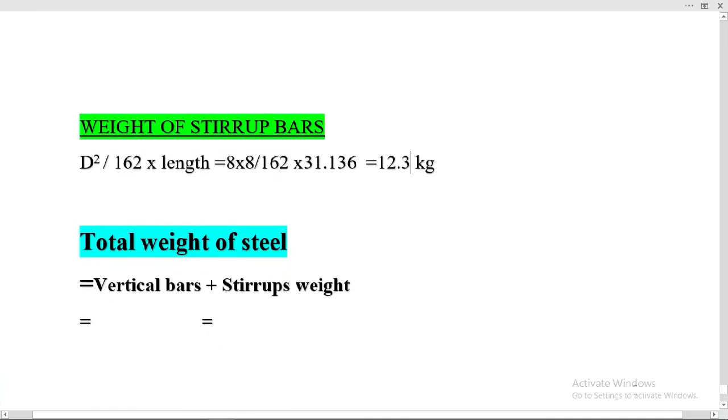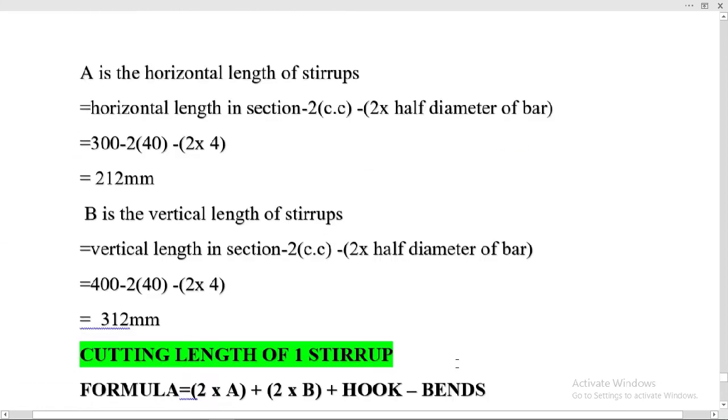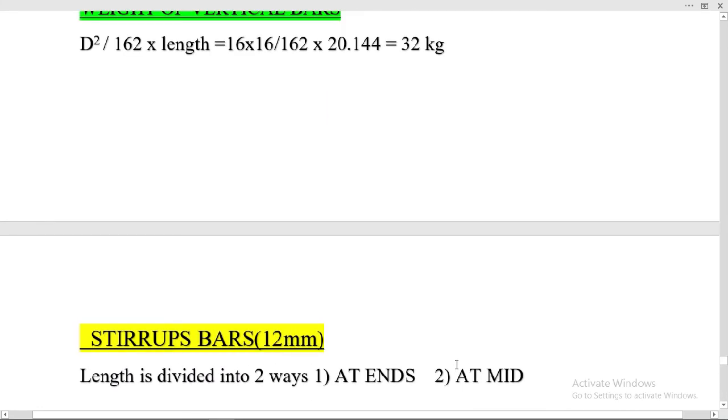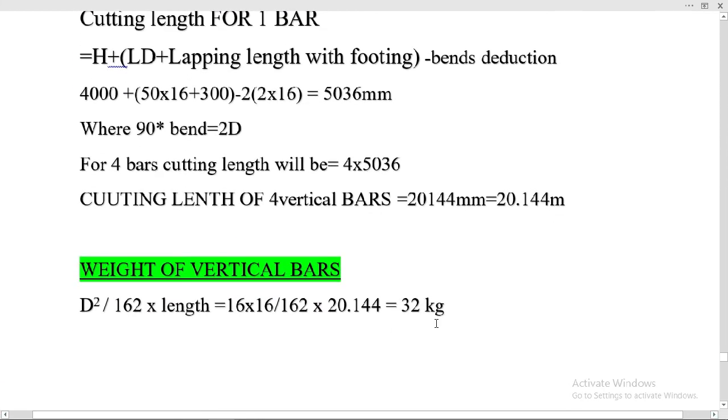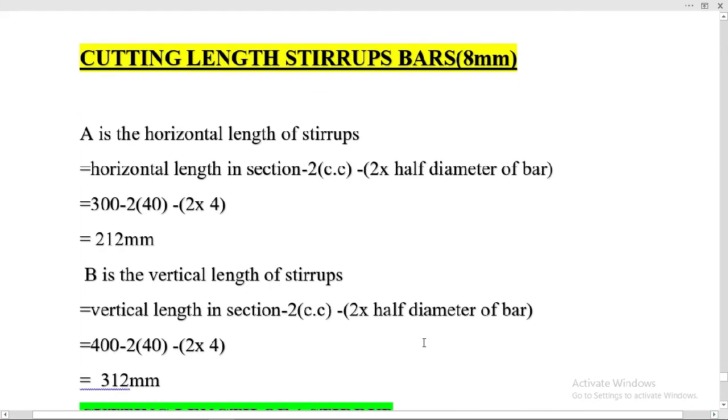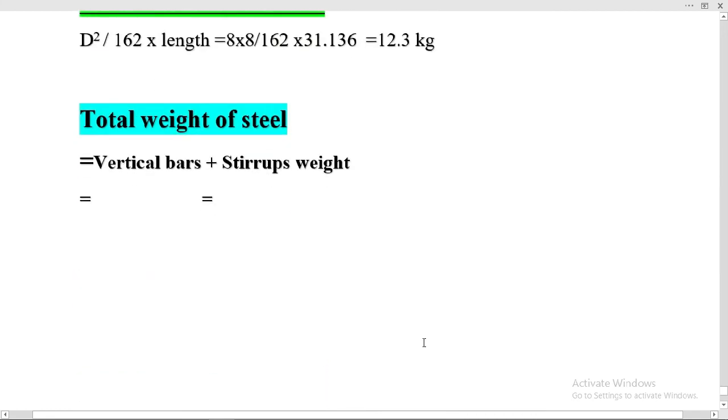Let's calculate the total weight of the steel required for our column. The weight we calculated for the vertical bars is 32 kg, and for the stirrups we require 12.3.